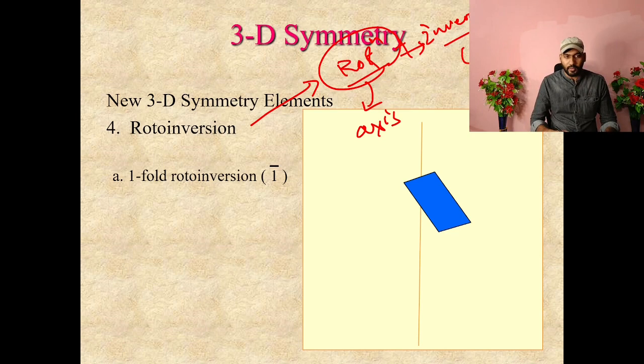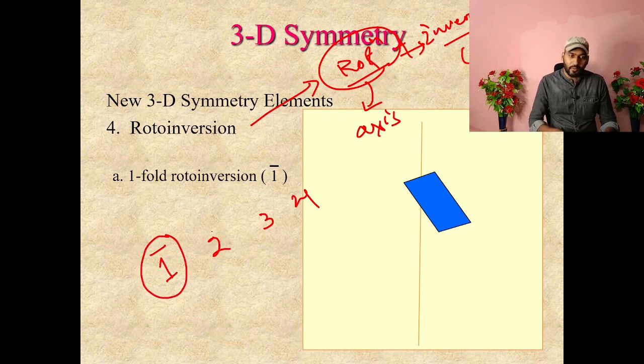to rotation. Here we will represent the symbols with rotation symmetry like 1, 2, 3, 4, along with a bar. 1 is rotation axis. When we put a bar above it, that means it is rotation plus inversion. So only 2 will represent a two-fold rotation axis.